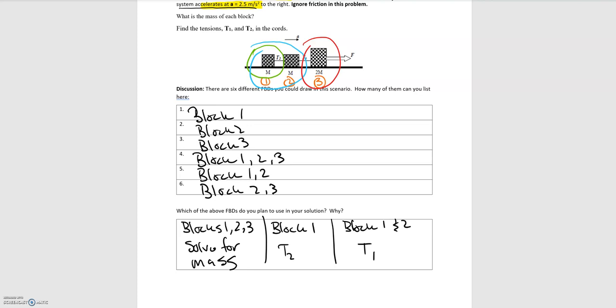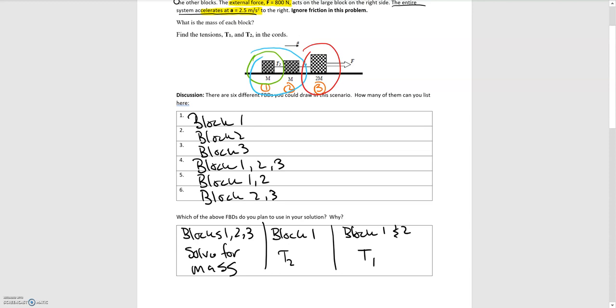And actually, if you do, you're going to get the same result. So choose one of those two options, and then whatever one you don't do, that's a good check and also very good practice to see if you get the same result. You know what you should be getting based off of your first answer, and so it gives you practice drawing a free body diagram and solving for everything.